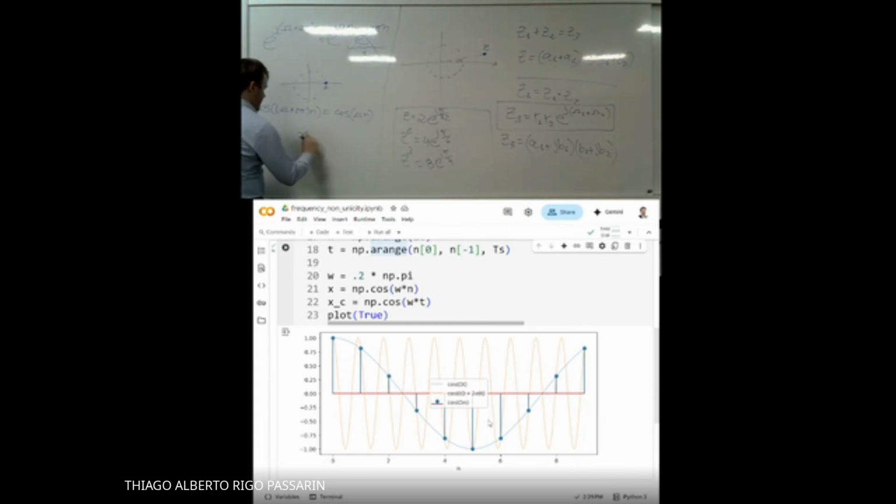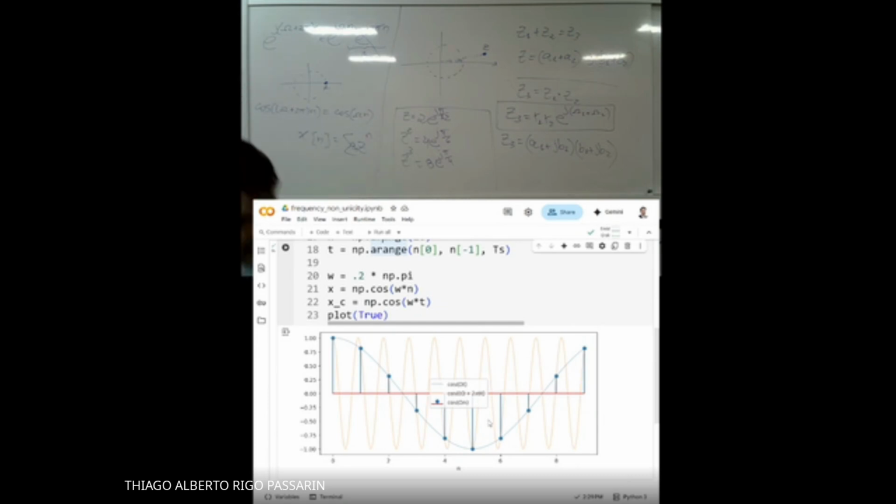X of n equals a sum of many z of n's with some coefficients here. So we assume they are the lowest possible frequency among all possibilities of multiples of 2 pi. But they can be anything.